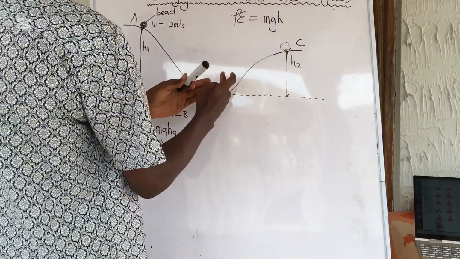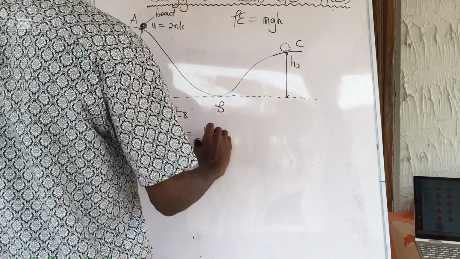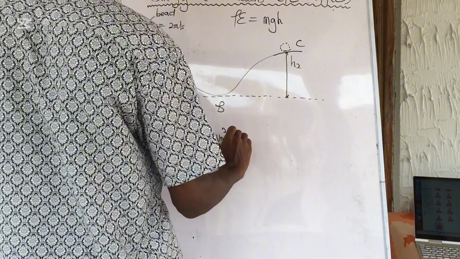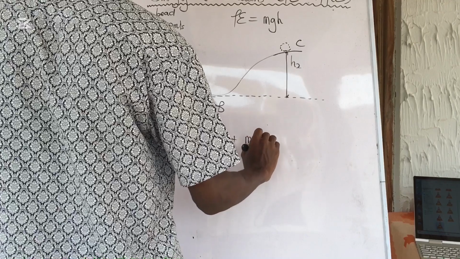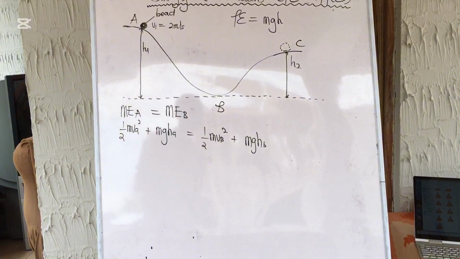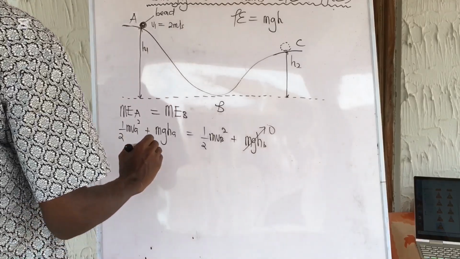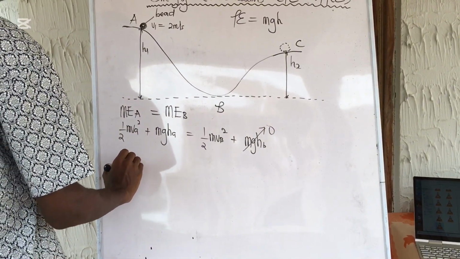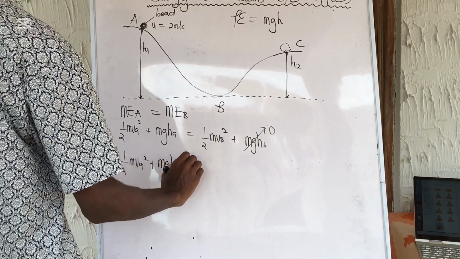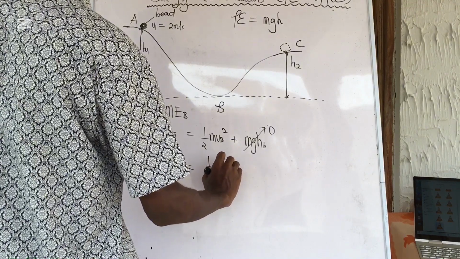It is equal to the mechanical energy at point B. So at point B, we have half m vb squared, remember this one is squared, plus m g hB. Here, this one is the height at point B. Now, the height at point B is 0. If the height at point B is 0, then everything here goes to 0. So now we have half m va squared plus m g hA is equal to half m vb squared.